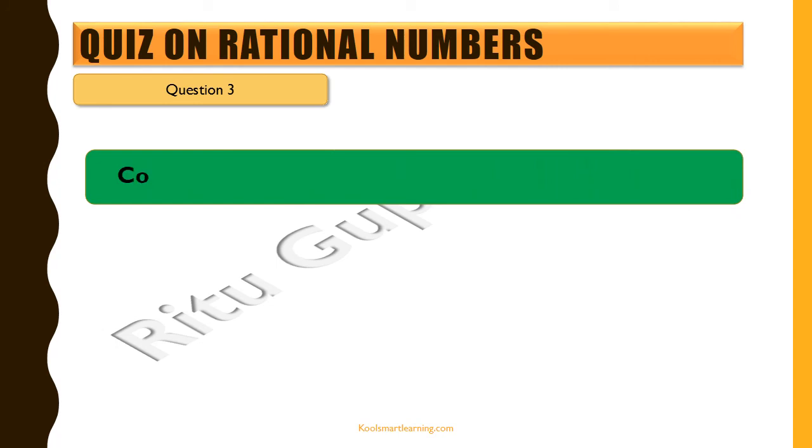And the third question on rational numbers is, convert this decimal 1.3585858 and so on to its p by q form. And again, this is of the type which is non-terminating, mixed, non-terminating recurring decimal number.